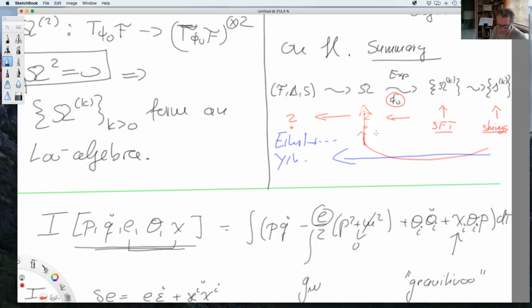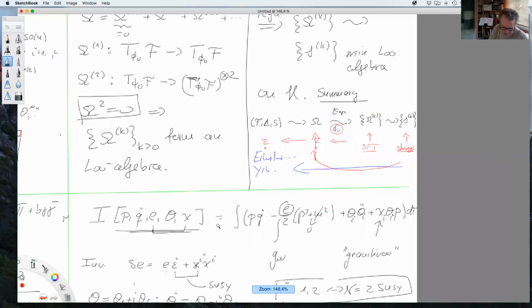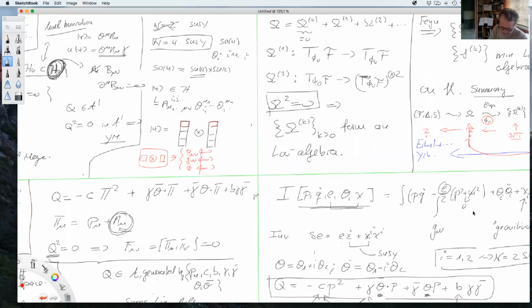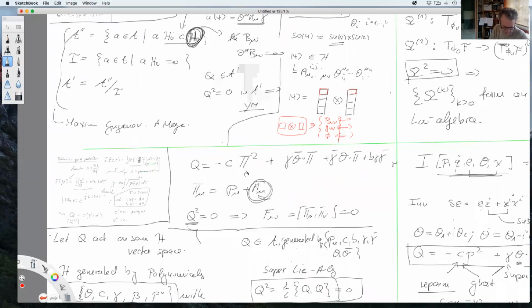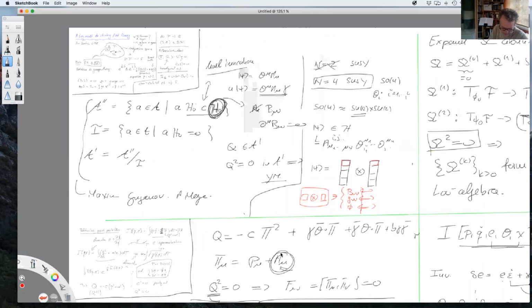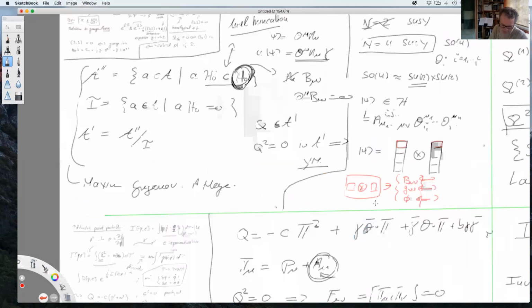And for the string, this perhaps clarifies a little why we will maybe never be able to do this for the string. Because even for the point particle, it was quite tricky to identify a suitable subalgebra, a double prime, of this huge algebra which is given to you by the point particle, and the suitable quotient so that the interesting physics is contained in it.